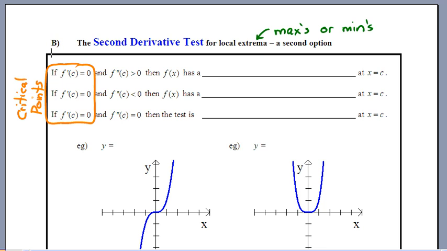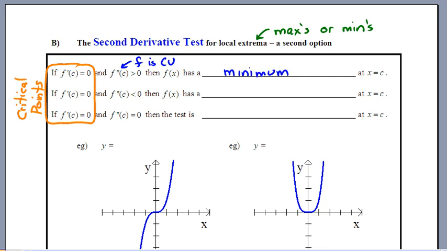Well, then it goes on to say, hey, if you've got a critical point, maybe a flat spot or a little cusp in the graph, and the second derivative at that place is positive, in other words, f is concave up, so the graph is bent upwards but you're hitting a little flat spot, then your function is going to have a minimum at that spot.